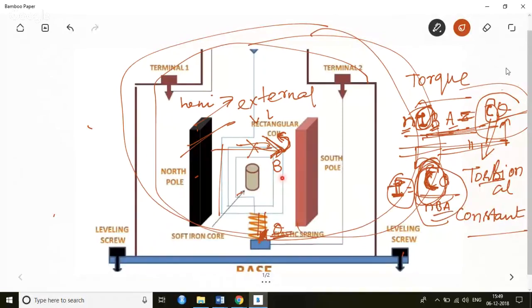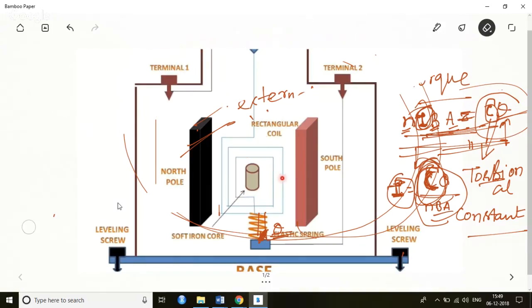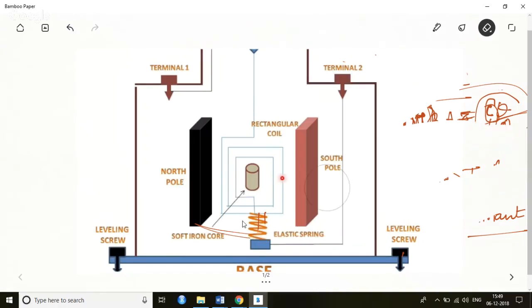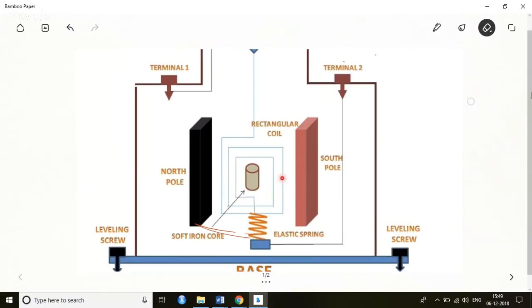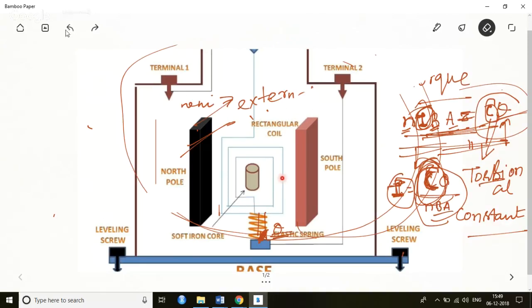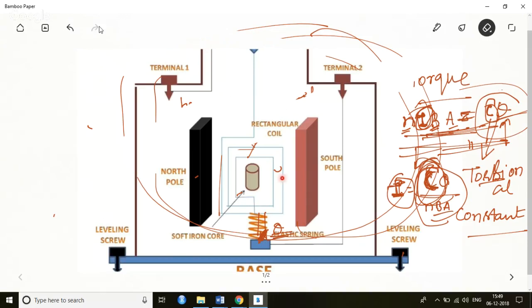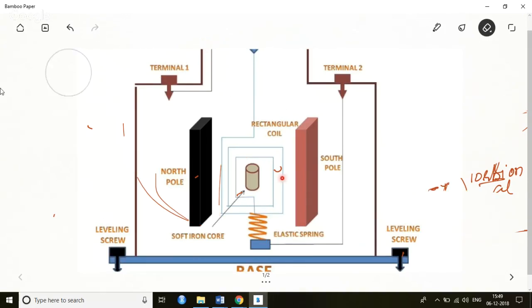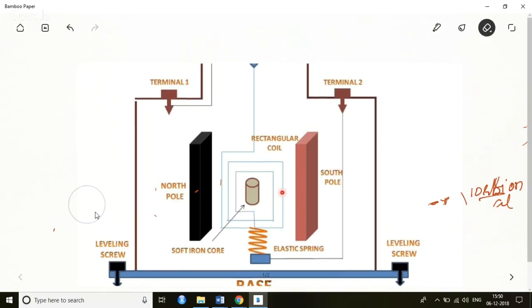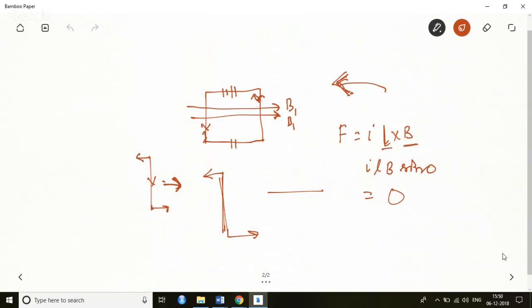So any other particular concept that you want to know? Tell me.